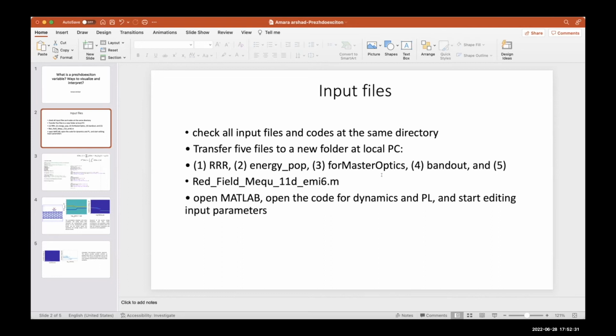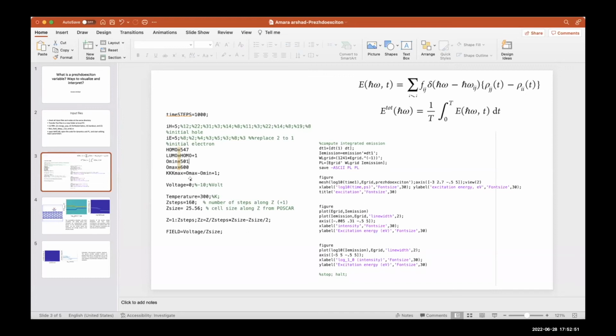And we need to make sure that all the files have the same number of lines. So we use them in the same folder with the MATLAB code, and then we need to open the MATLAB code and make some changes in the input parameters.